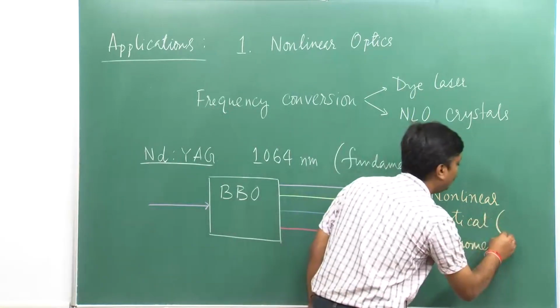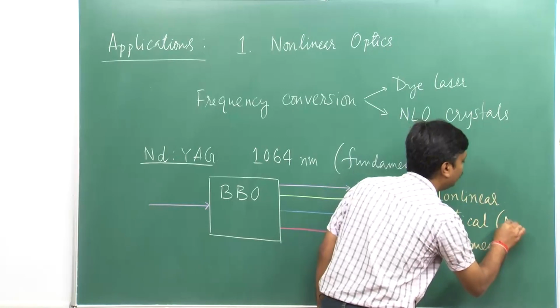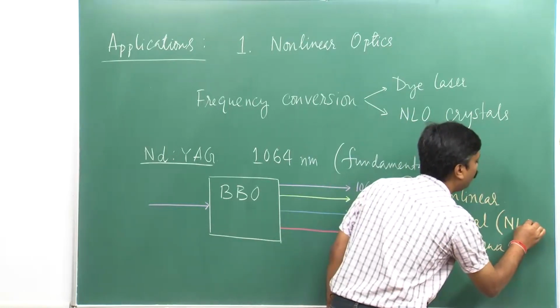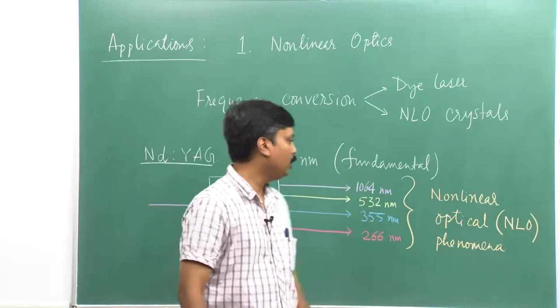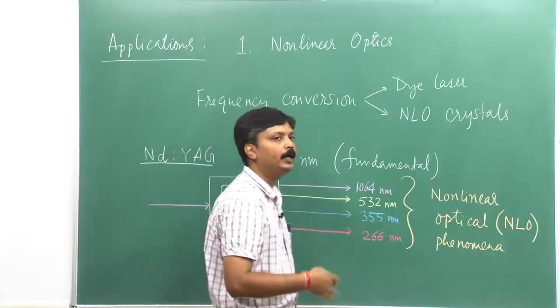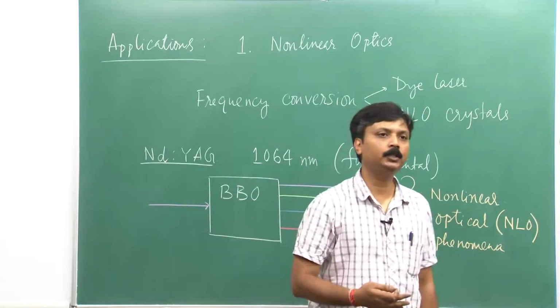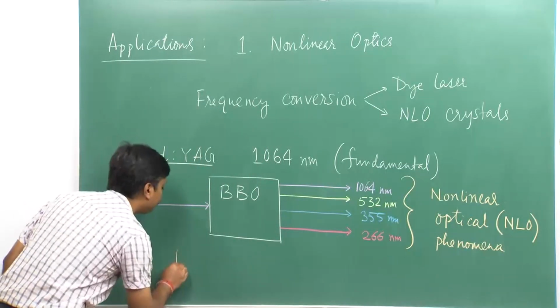We write nonlinear optics or nonlinear optical in short as NLO, and very often we will use this term. The first observation of this kind of nonlinear optical frequency conversion was obtained in the ruby laser.